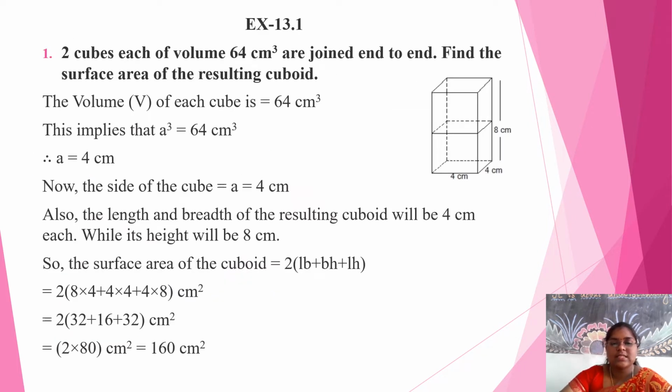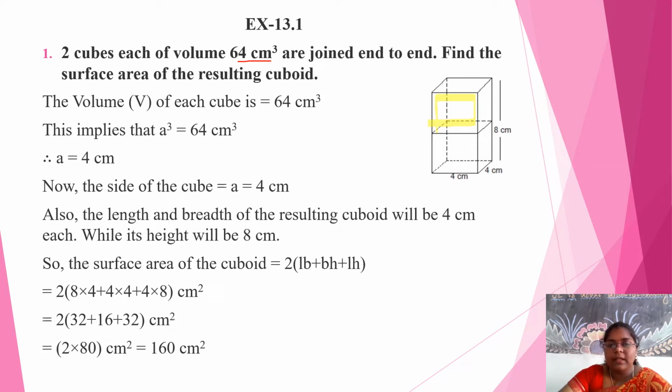Our exercise 13.1, right? Two cubes, each of volume 64 centimeter cube, are joined end to end. Find the surface area of the resulting cuboid. See, in the figure you can see this is one cube. Now I am highlighting, this is one cube, this part.